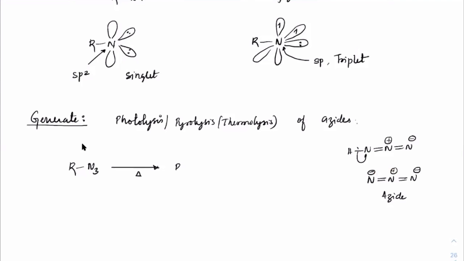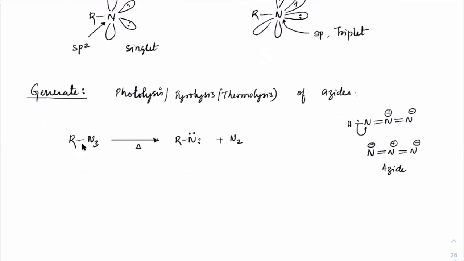It will convert into RN plus N2. And this N will have two lone pairs. So you can see it has only a 6 electron system. So RN double bond N plus with minus charge here and a lone pair here. This is how azide is connected to an alkyl group.